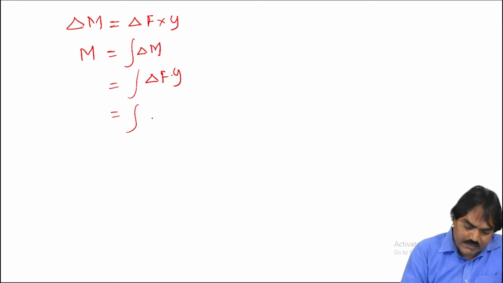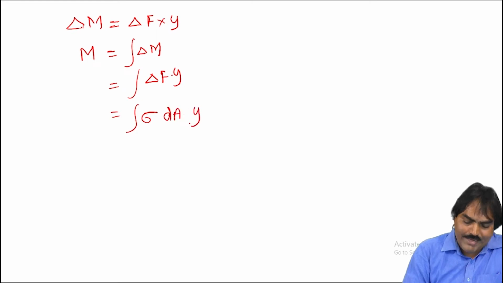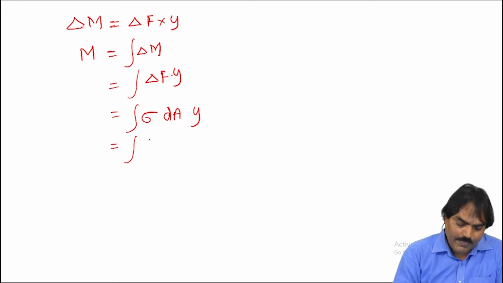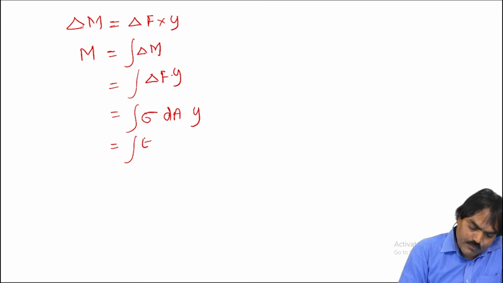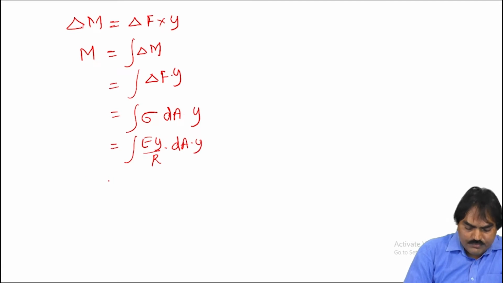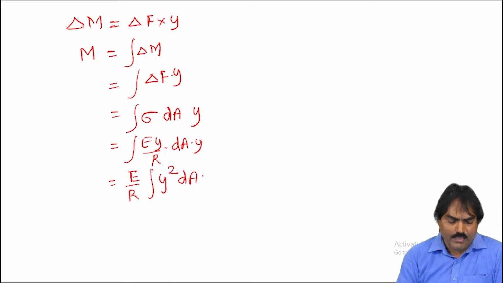Already we know that it is stress into delta A into Y. That is, the stress is given by E into Y by R into dA into Y. So we rearrange this equation: E by R into integration of Y square dA.